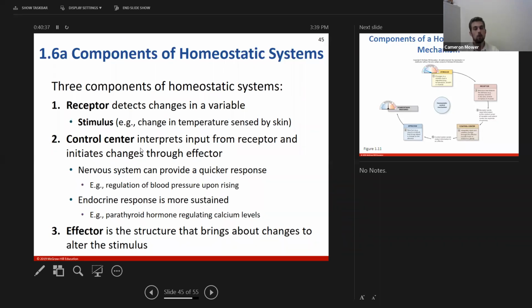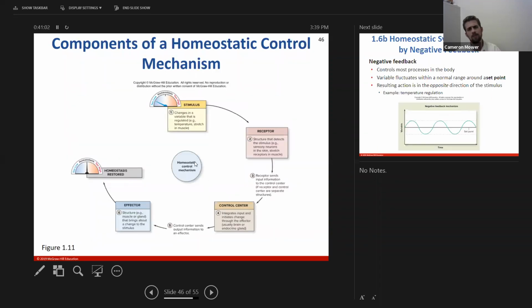The control center is going to interpret that input and then send out the appropriate response. Your nervous system can regulate your blood pressure. Your nervous system can regulate your surface temperature too. An endocrine response can also respond to that. And then the effector is going to be the anatomic structure that brings about those changes to alter the stimulus.